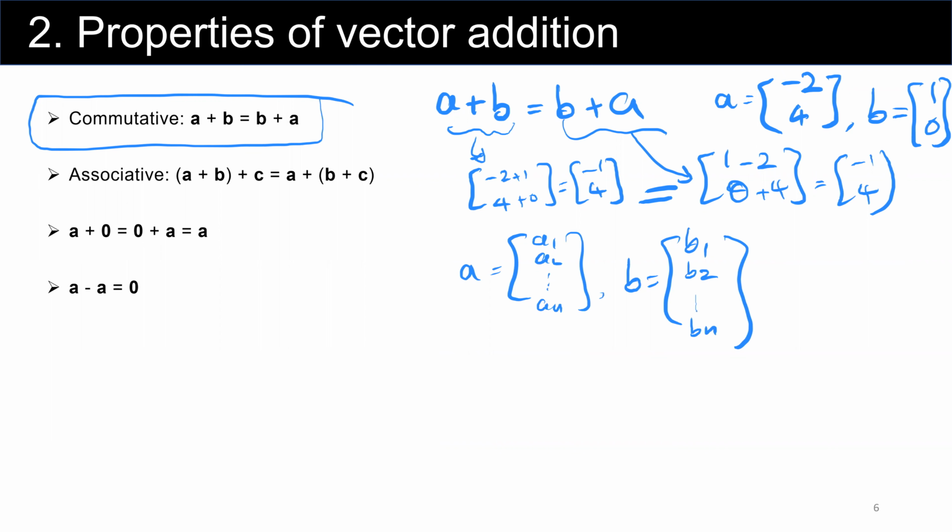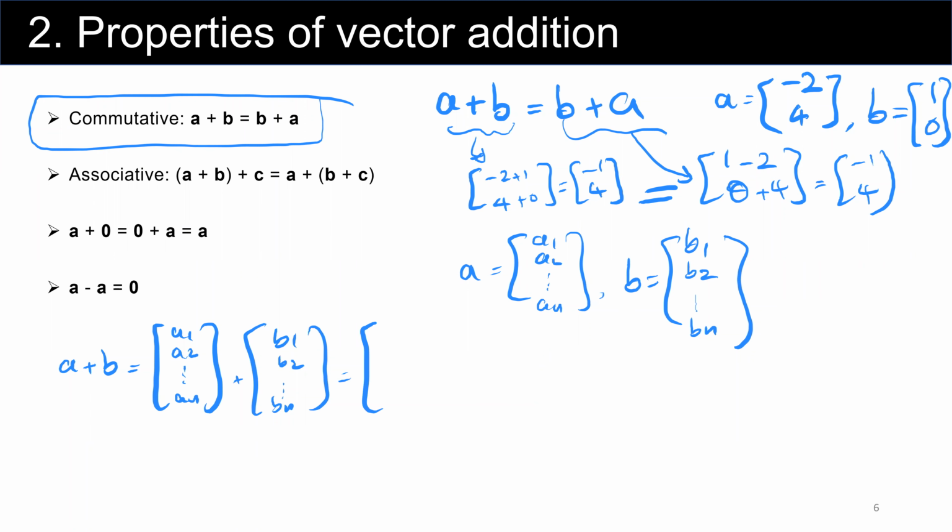We first find out A plus B. A plus B is equal to A sub 1, A sub 2, A sub n, plus B sub 1, B sub 2, B sub n, which is equal to A sub 1 plus B sub 1, A sub 2 plus B sub 2, and A sub n plus B sub n. All right. So before we proceed further, I want to remind you one more important point. As you can see, the assumed dimension of these two vectors is the same.